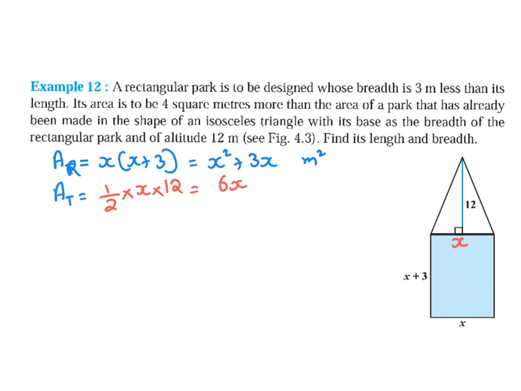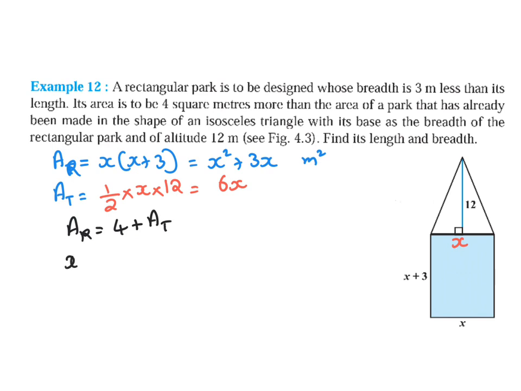The question says the area of the rectangular park is 4 square meters more than the area of the park that has already been made in the shape of an isosceles triangle. So the area of the rectangular park is 4 more than the area of the isosceles triangle.